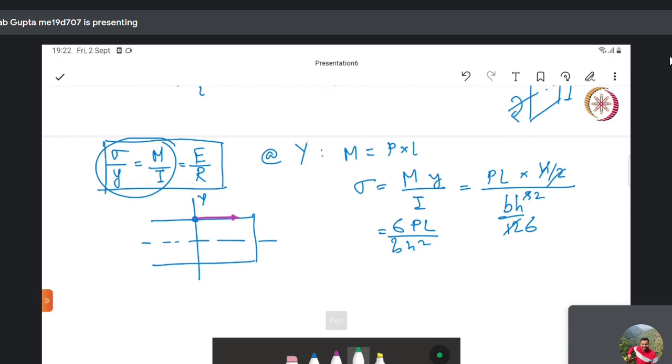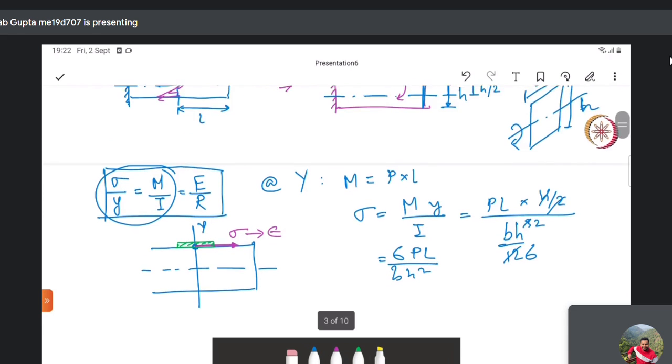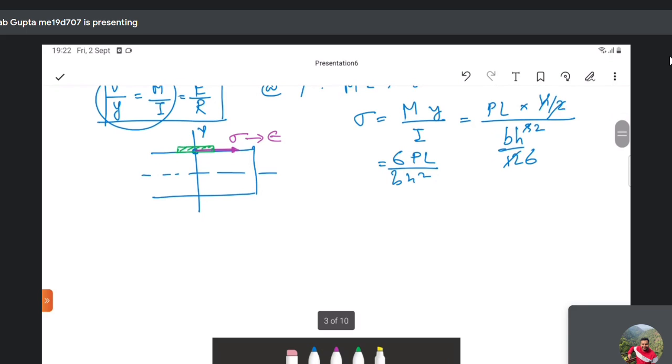Your strain gauge is placed somewhere here, experiencing a strain due to this sigma, say epsilon, and as a result it exhibits a change in voltage which we are measuring, and we are doing a calculation to find the load, that is P. That's what we do in case of dynamometry.